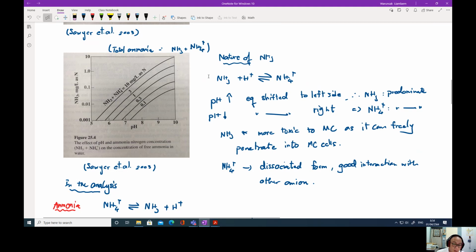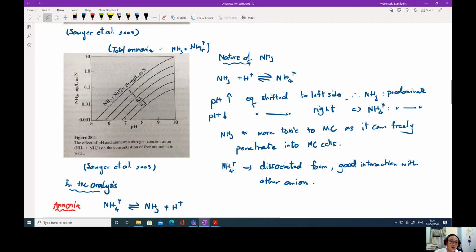So these two are both ammonia, but this one is the dissociated form, ammonium NH4 plus. They have a very good interaction with other anions.